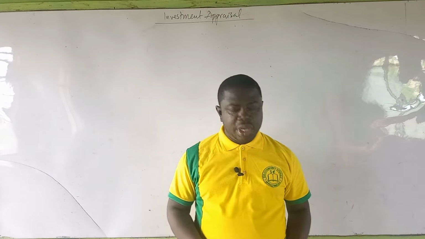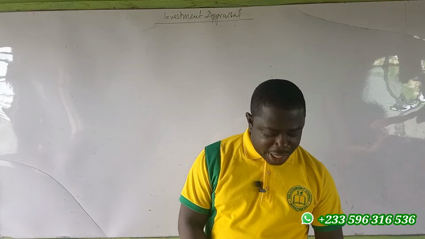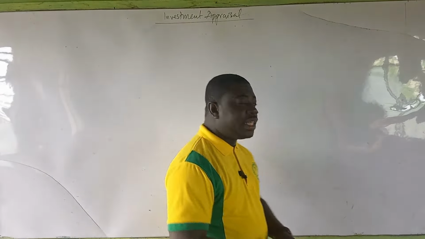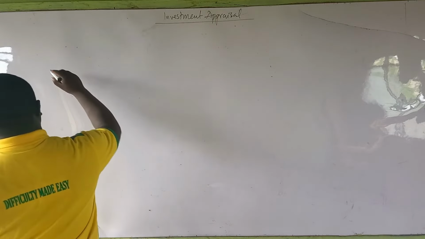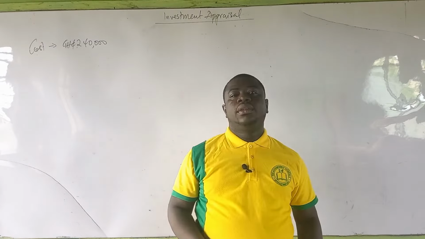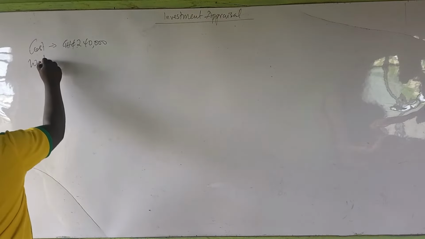Let us go on. Now, in analyzing this question, just as I have been telling you, you always have to list some of the key things down. So the cost of the equipment is 240,000. That is the initial cash outflow. And then we are also told that there will be an additional working capital investment.